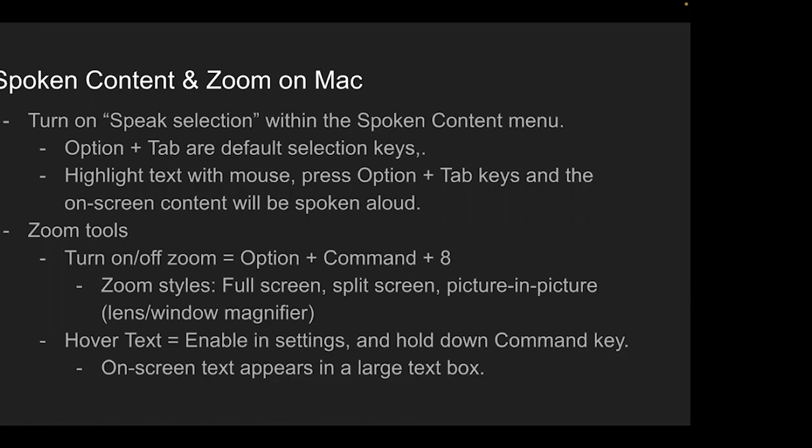You can adjust the size of that box and make some customizations, but this is really useful for things where you can't pinch to zoom, or you don't want to use one of the magnifier modes. You can use this on menu items or static items on the screen that you can't enlarge.